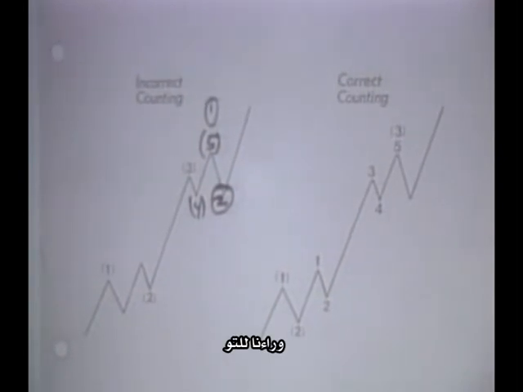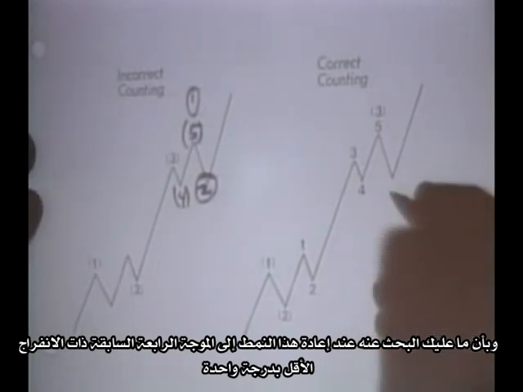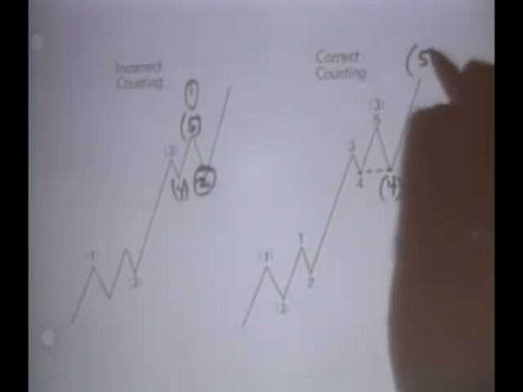Now, a better count would tell you that your third of your third was already behind you, and that what you should be looking for when you get this correction that pulls back to the previous fourth wave of one lesser degree is a fifth to finish the structure.